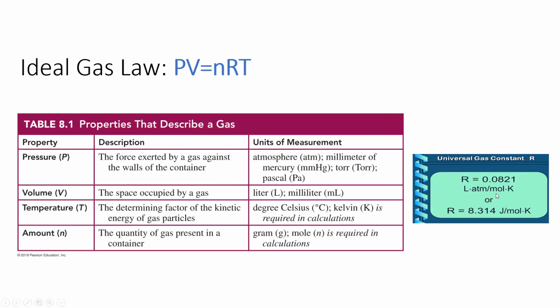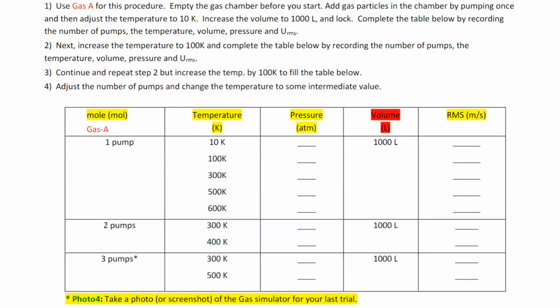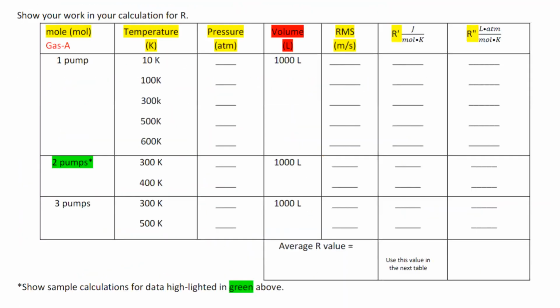In liters times atmospheres over moles times Kelvin, this is like R double prime, and in joules over moles times Kelvin, which is like R prime. So the values that you should be calculating should be pretty close to these values. If you're getting a number pretty close to that, then you know you're doing the calculations correctly.